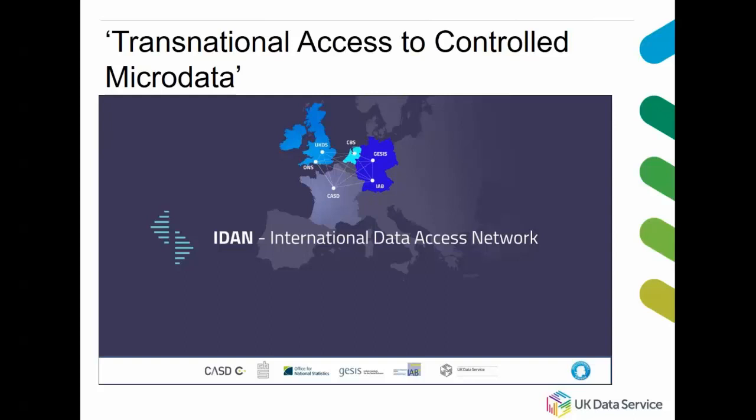You can see here that 6 research data centers are involved in the International Data Access Network, in 4 countries. That's the UK, the Netherlands, Germany and France. And as I said, the next step will hopefully be to get access via our safe room to the Dutch data.